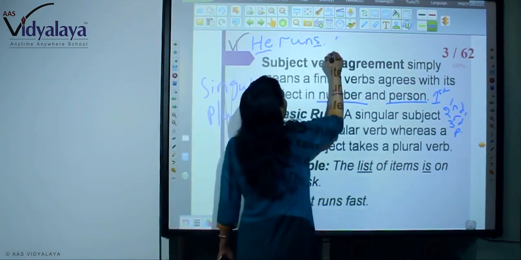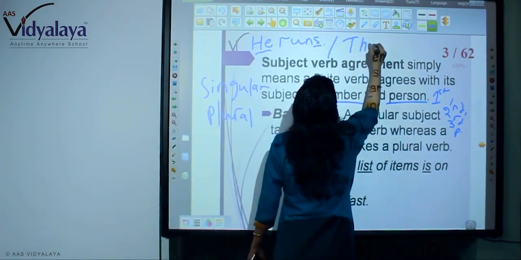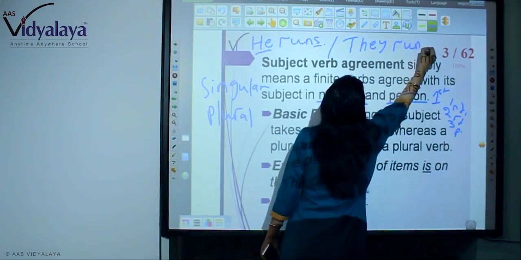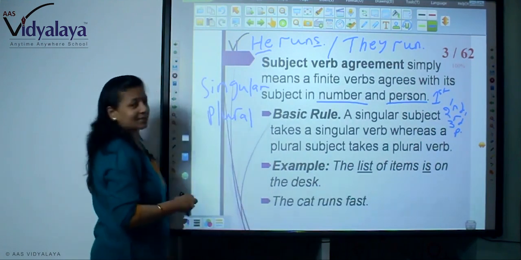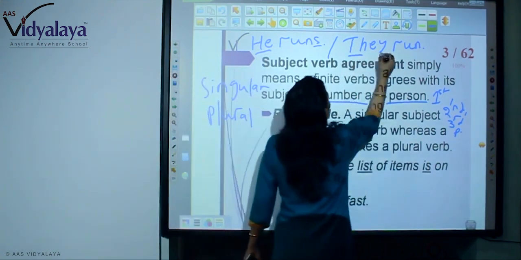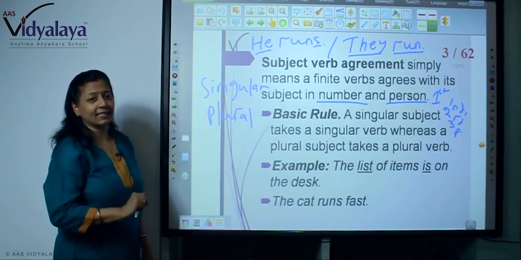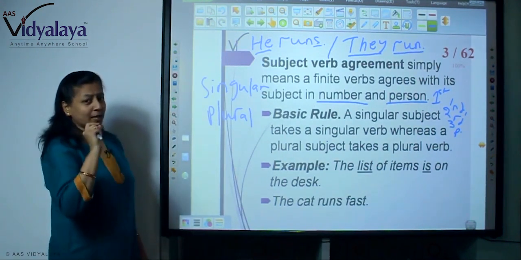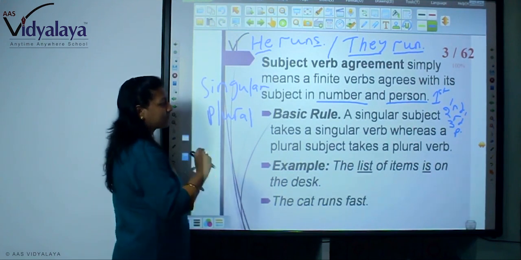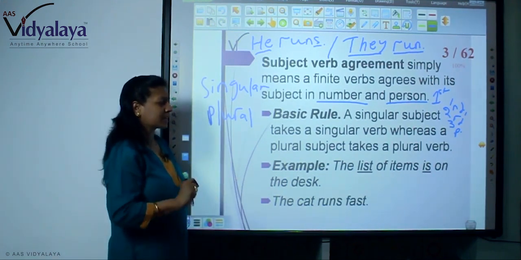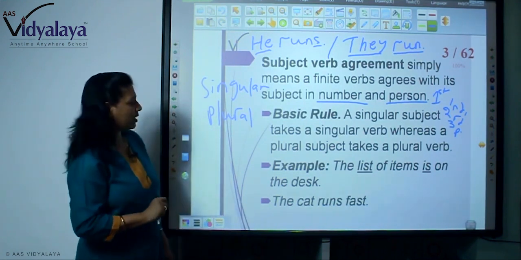Now, if it is plural, they run. Here the subject is plural and this is the verb without s. So, what is this basic rule? A singular subject takes a singular verb, whereas a plural subject takes a plural verb.